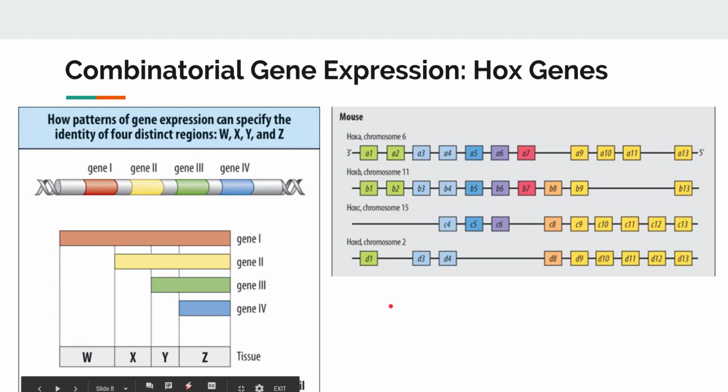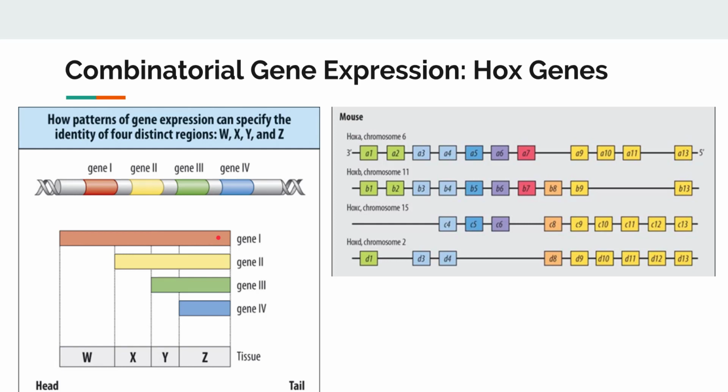So here we're going to get a little bit more complex. We're going to be looking at Hox genes. Hox genes also have combinatorial gene expression similar to the ABC flower model. Here we can go over another example of how combinatorial gene expression can define different regions.